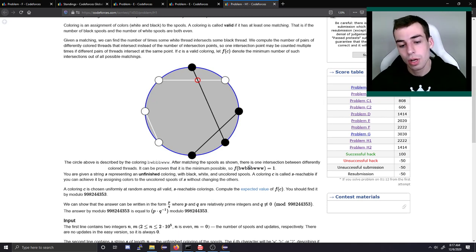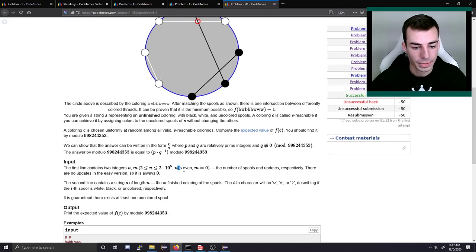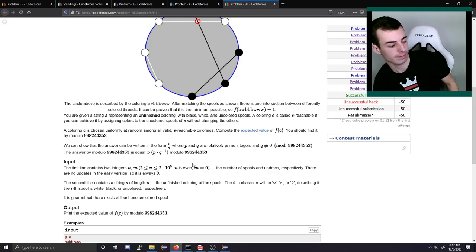Yeah, because the number of odd groups has to be even. You definitely need an even number of odd groups. Do you? No, you don't. N is even. N is even. So you need an even number of odd groups.